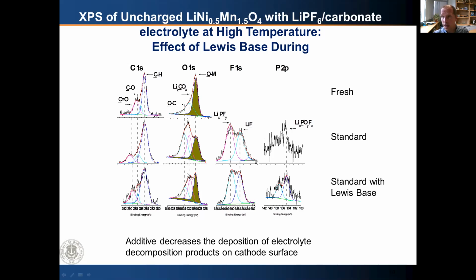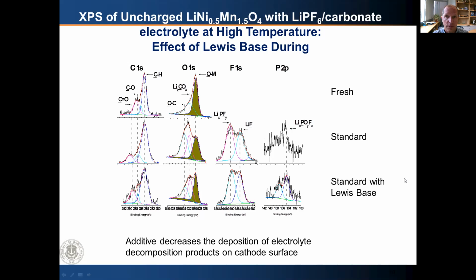We see much lower concentrations of the oxygen species characteristic of these decomposition products, and much higher concentrations of transition metal oxide at the surface, which once again confirms that these Lewis basic additives are inhibiting the generation of acidic species, such as PF5 and phosphorus oxyfluoride, and that this results in a decrease in the reaction of the electrolyte and the deposition of electrolyte decomposition products on the surface.